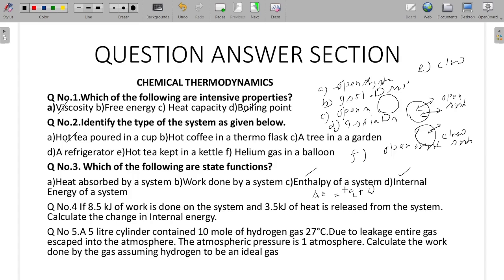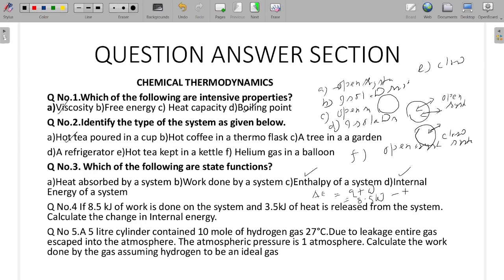So this is plus 8.5 kilojoule. The heat released means heat lost by the system, and heat lost by the system is negative.